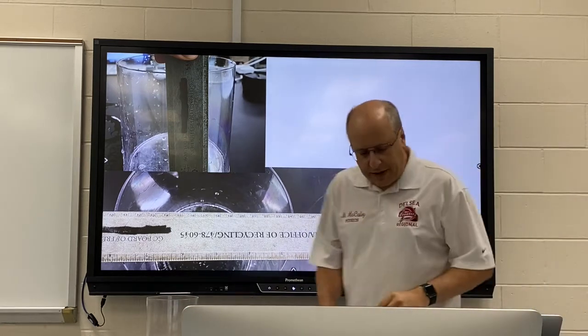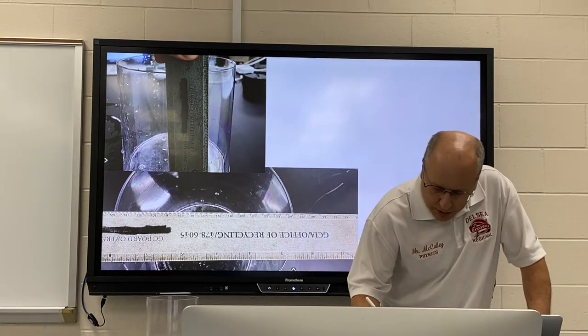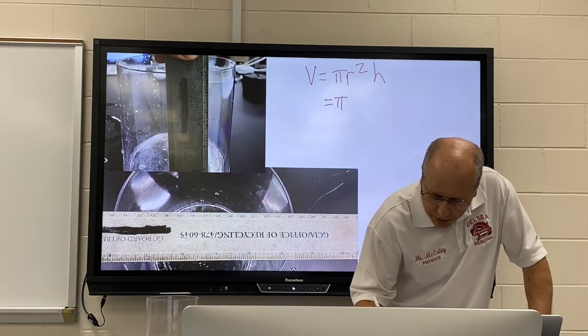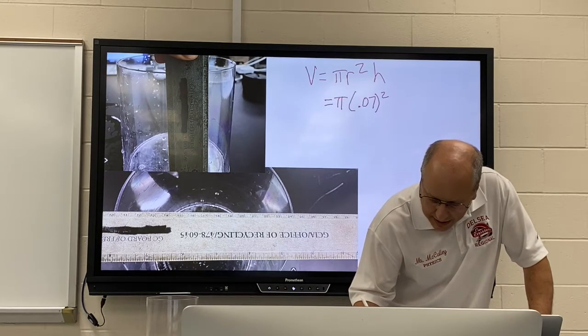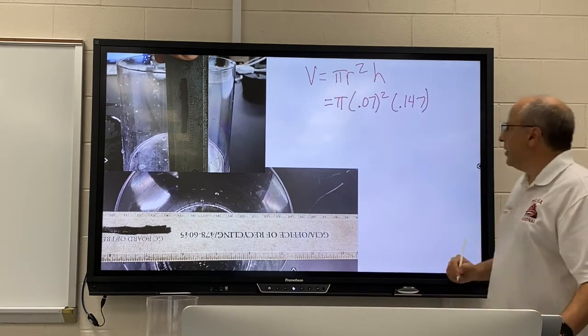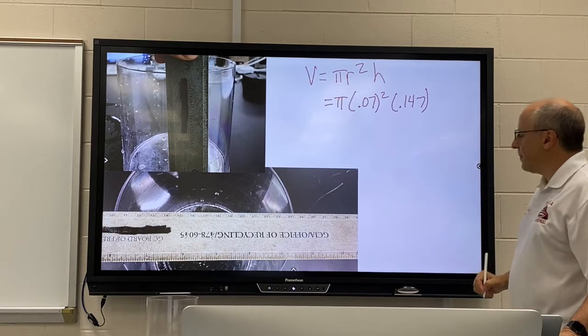So we need to find our volume. We use our volume formula, pi r squared height. Make sure you work in meters. So you do half of 14, and then 14.7 actually is what we're going to use for the height.